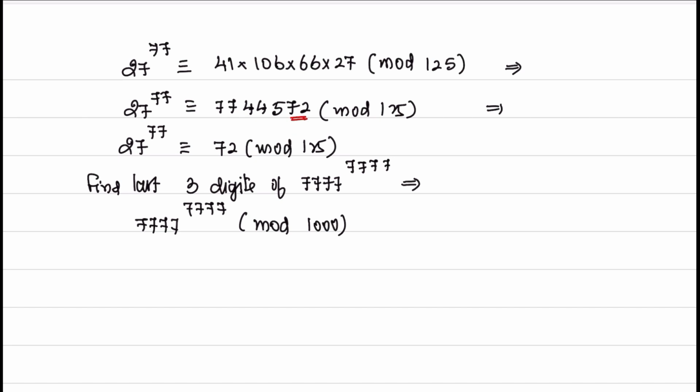That is what is required to get the last 3 digits.